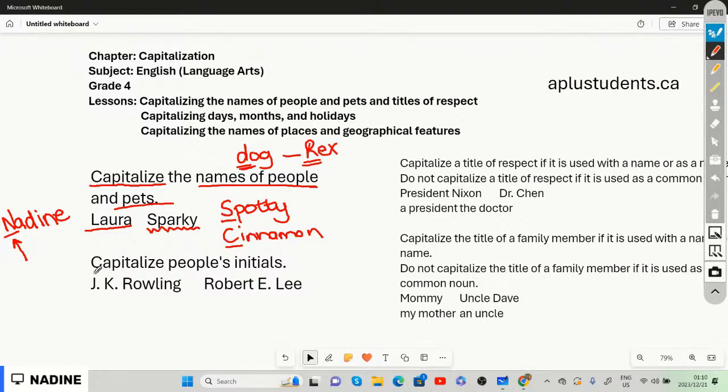Then we also capitalize people's initials. So, for example, if you have two names, and you write the initials down, you are only writing the first letters of your two names.